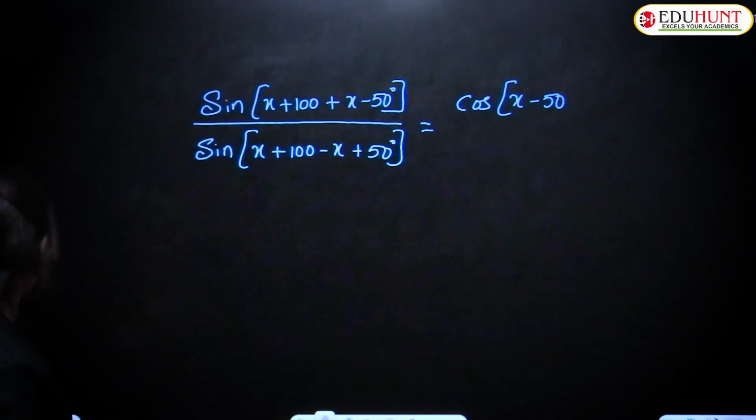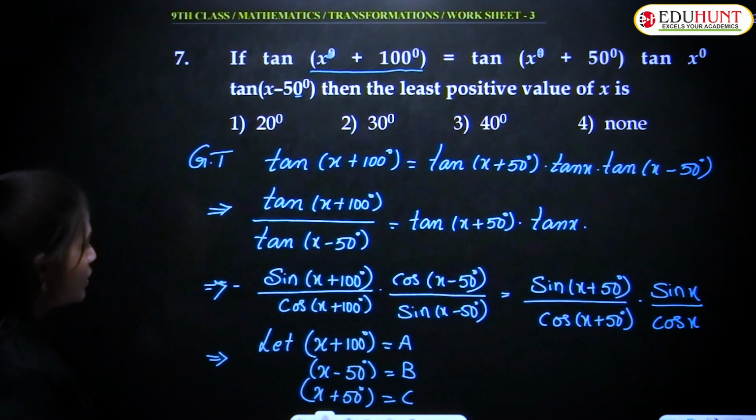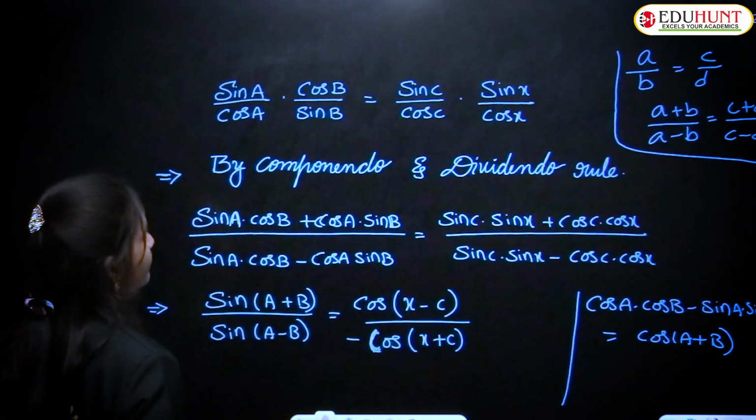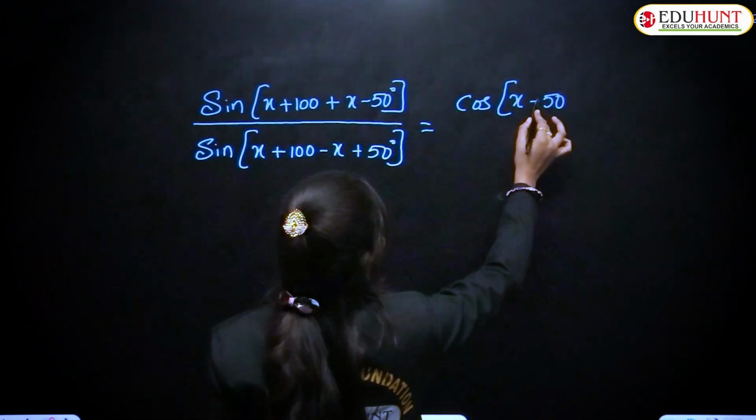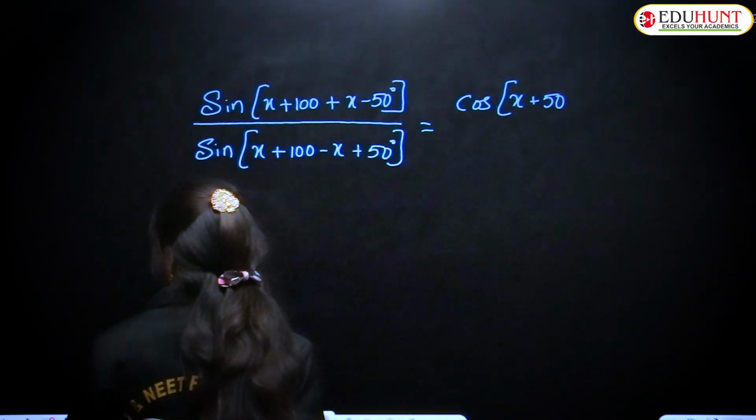Sorry, x plus 50. Okay, C is equal to x plus 50. So C is equal to x plus 50.